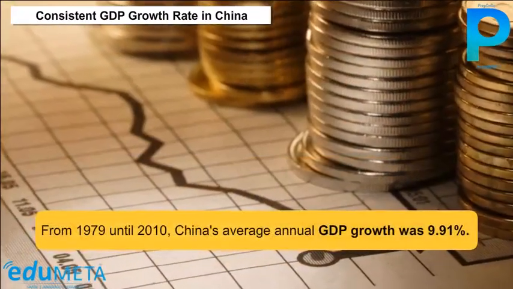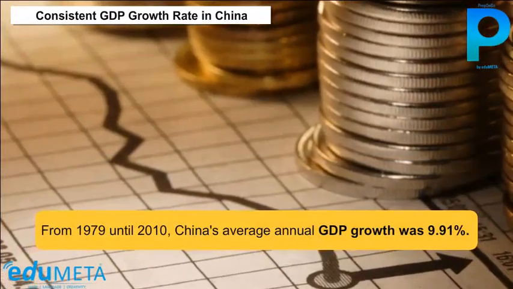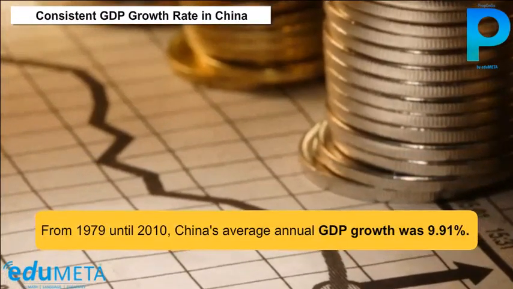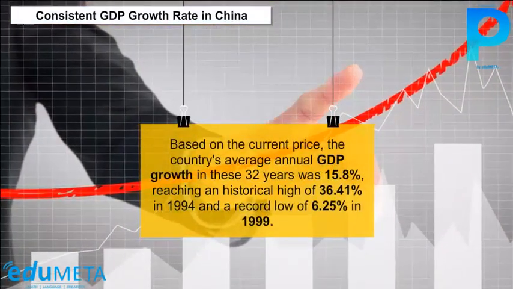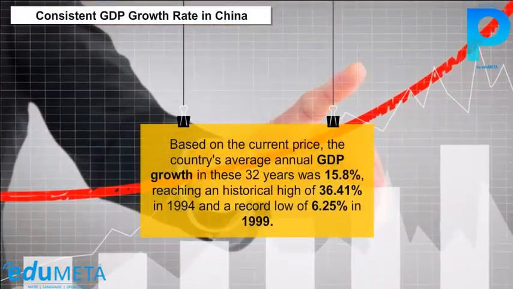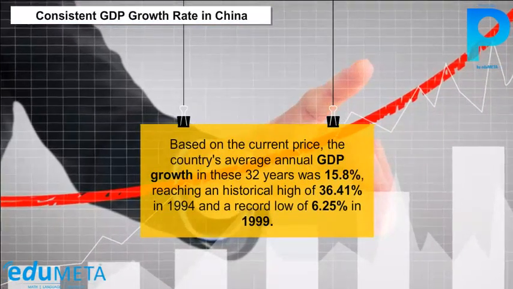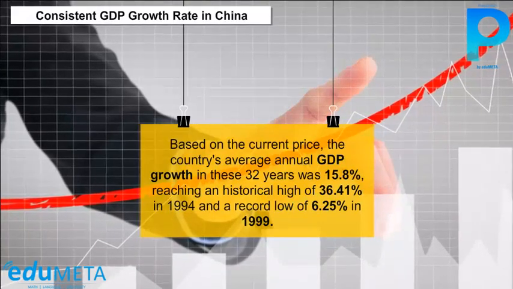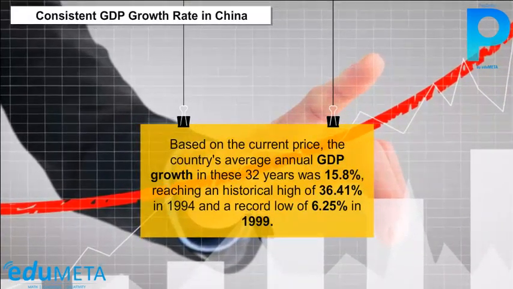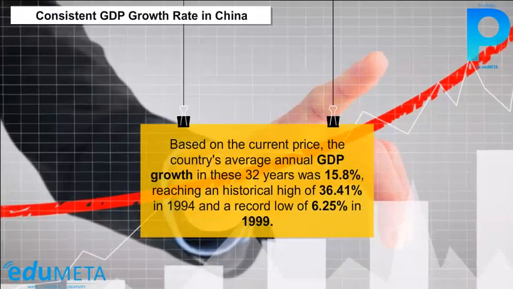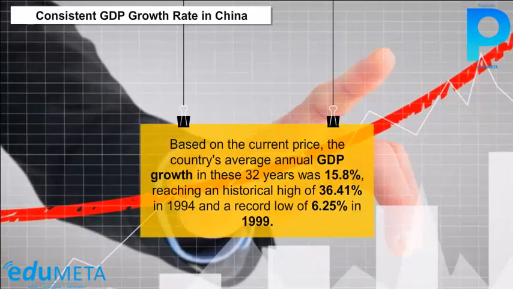From 1979 until 2010, China's average annual GDP growth was 9.91%. Based on the current price, the country's average annual GDP growth in these 32 years was 15.8%, reaching a historical high of 36.41% in 1994 and a record low of 6.25% in 1999.